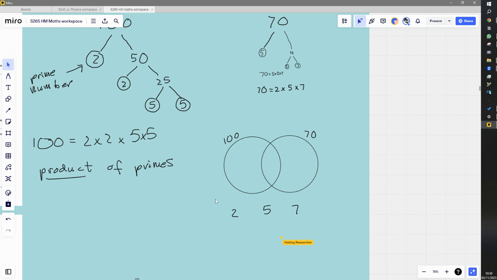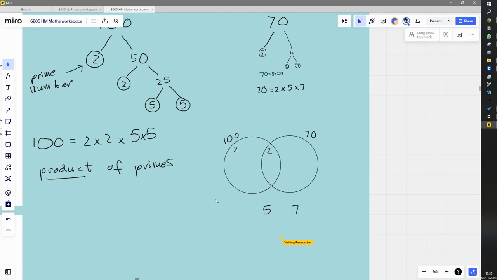This one's got a 2 and that one's got a 2, so they go there because that would mean it's in both circles. In the intersecting part, that means it's in the circle for 70, and also in the circle for 100, so we put a 2 there. However, the 100 has a second 2, so we have another 2 just in this bit, which isn't in the 70 circle.